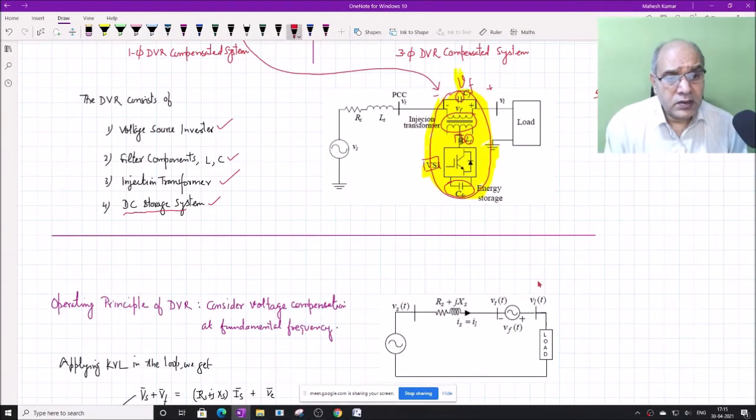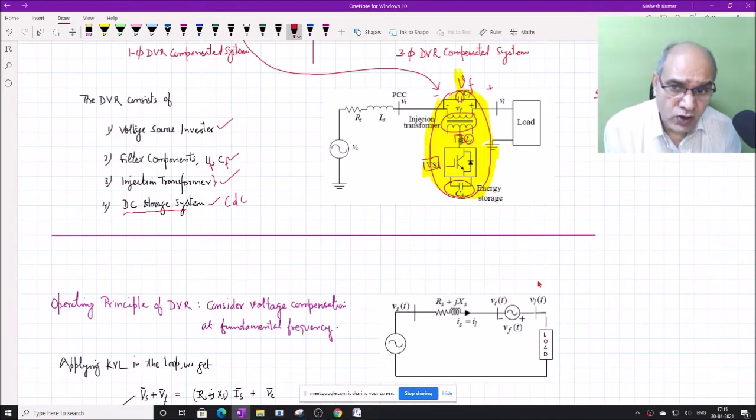Now these parameters have to be chosen appropriately. Like I said, CDC, then LF and CF, the filter components, the design of the injection transformer, and the capacity, the bandwidth, the voltage and current rating of the voltage source inverter are very important points.